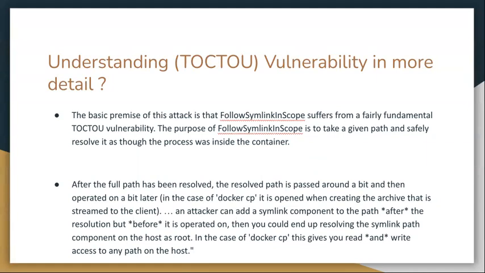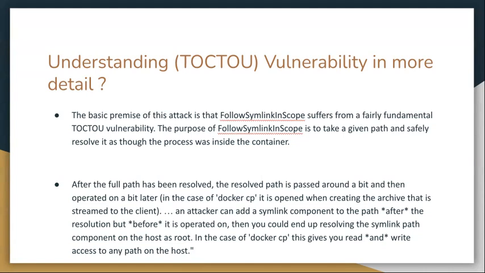Now, the purpose of following symlinks in scope is to take a given path and safely resolve it as though the process was inside the container. Here, after the full path has been resolved, the resolved path is passed around a bit and then operated on a bit later.